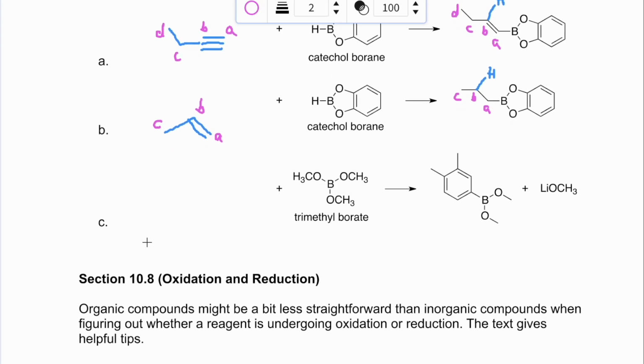So if we had a benzene ring that looked like this, with an alkyl lithium or aryl lithium compound, which we would get from either the bromine or the chlorine on the benzene, treating that with lithium like we did at the beginning of the section, we would get this lithium reagent. Then if we treated this with trimethyl borate, we would make this boron compound that could then be used in a coupling.